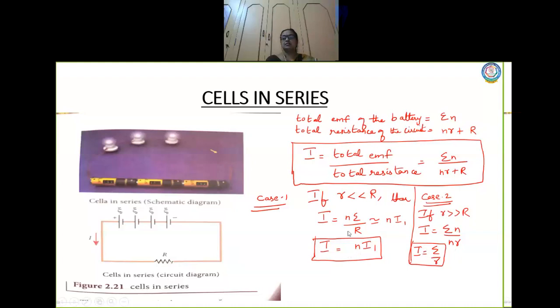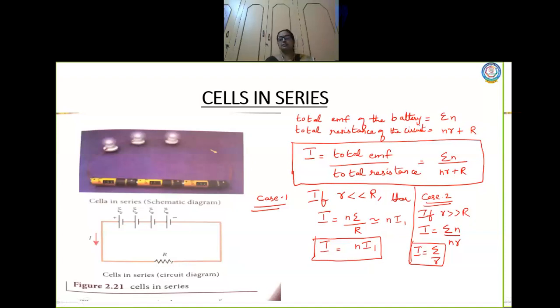Here you have maximum current because I is equal to n times I1, whereas here I is equal to V by R. This value will be much smaller than this value. So it is better that you have an external resistance of high value. Then the cells, with total internal resistance, are connected in series to get the maximum current.